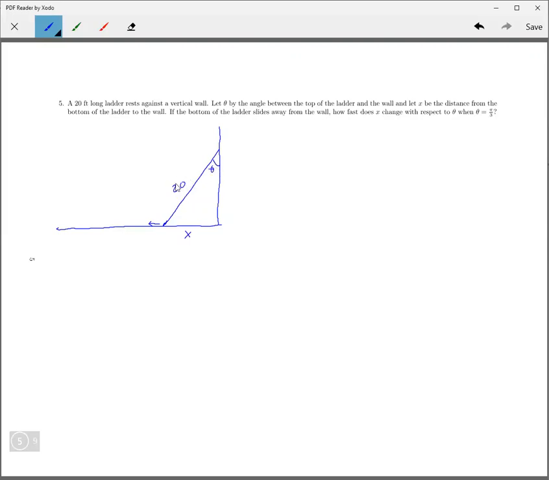Okay, so our theta, x, and 20 are related by this formula here. The sine of theta is x over 20. Here's theta. The sine is the opposite over the hypotenuse. So sine of theta is x over 20. They're related in this way. So that means that x is equal to 20 sine theta.